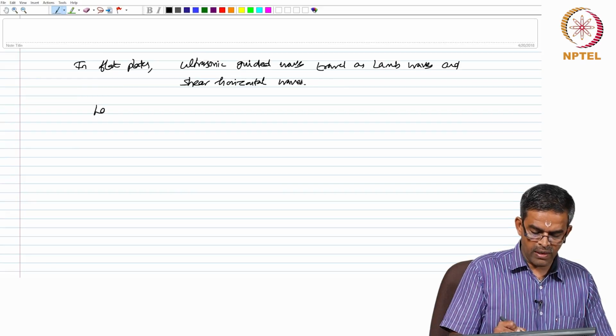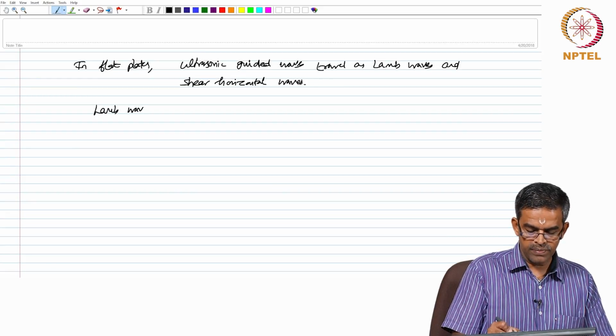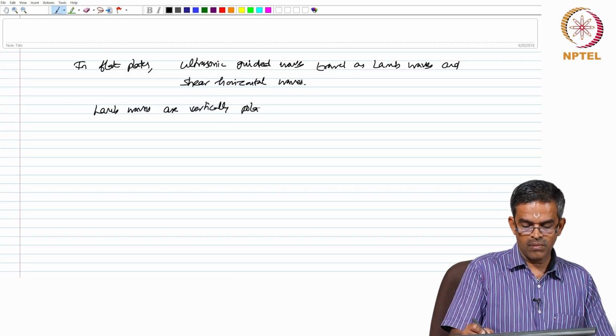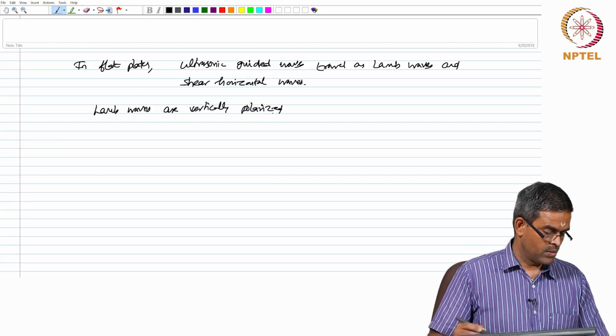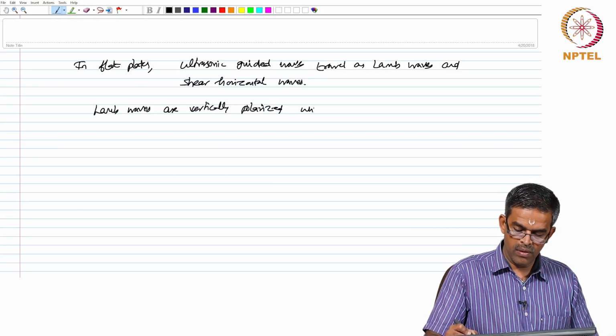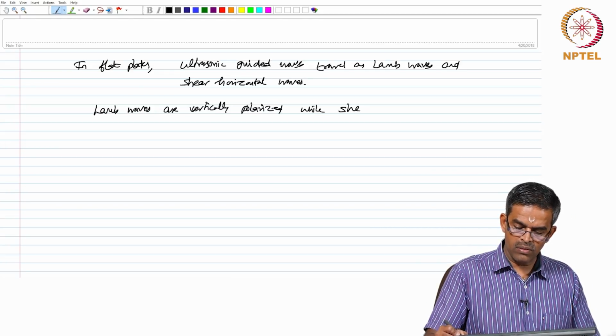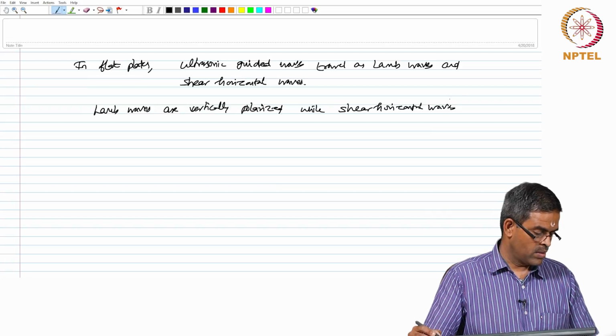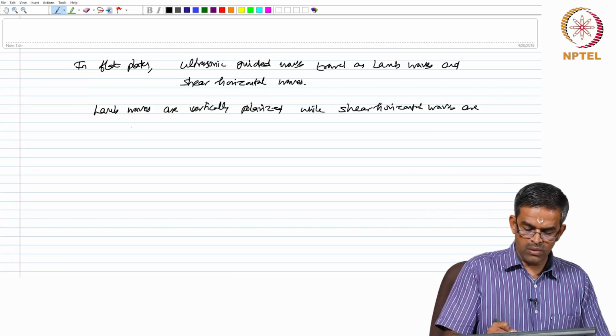Lamb waves are vertically polarized, while shear horizontal waves are horizontally polarized.